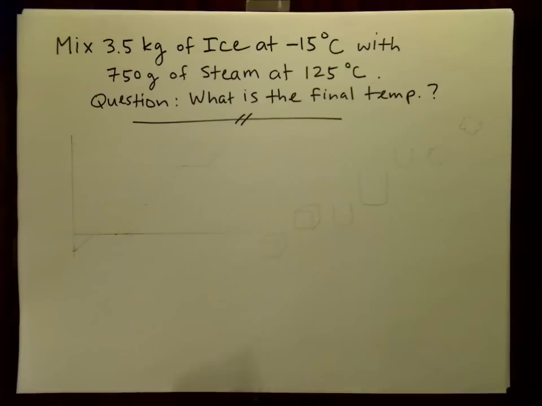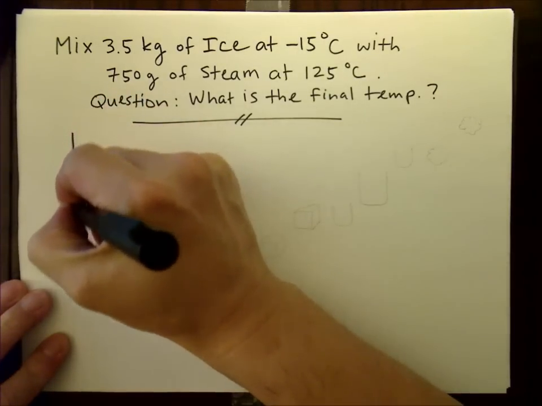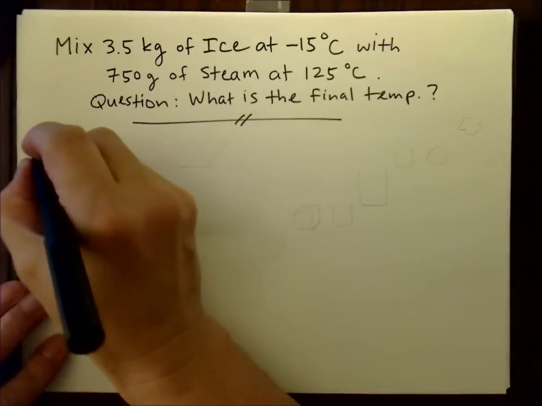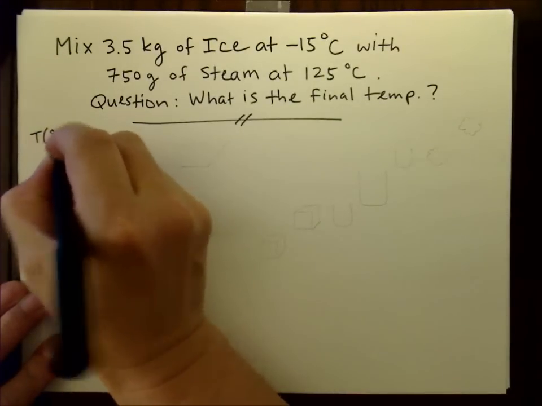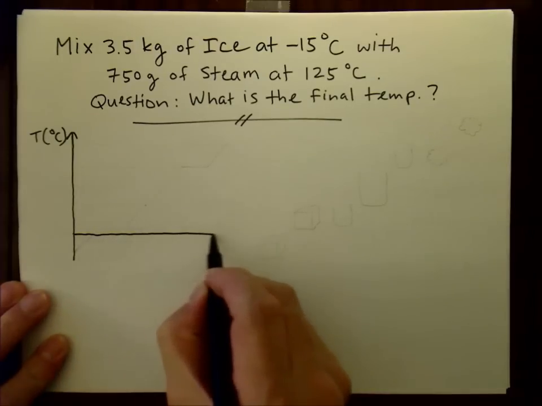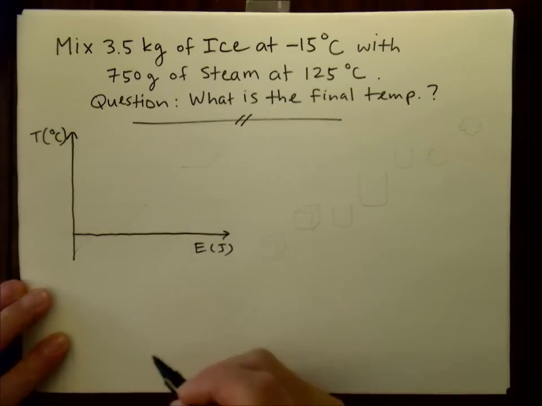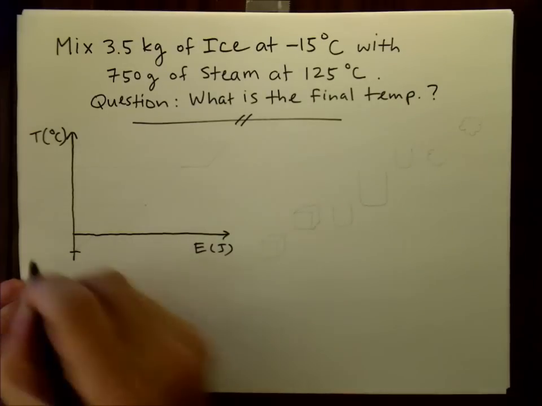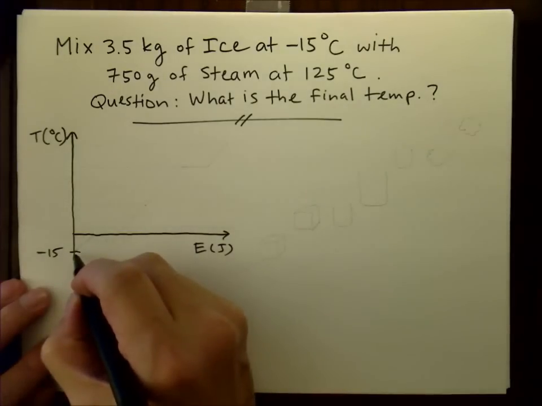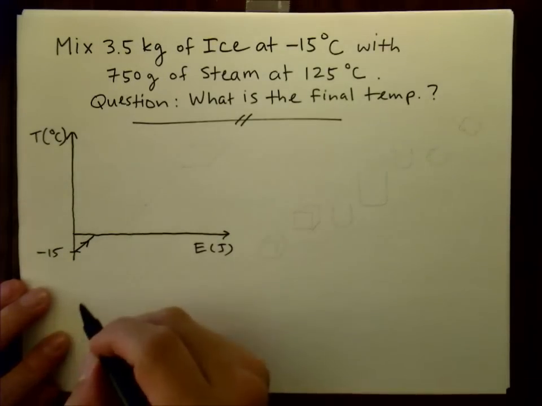In order to be able to do this, let's start by drawing a heating cooling curve where on the vertical axis we have temperature in degrees Celsius, and on the horizontal axis we have energy in joules. We start at negative 15 degrees Celsius with the ice, and we know that as it meets the steam it will rise in temperature as it gets heated up.